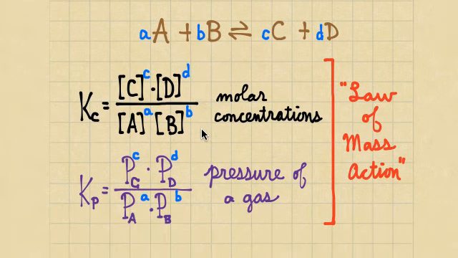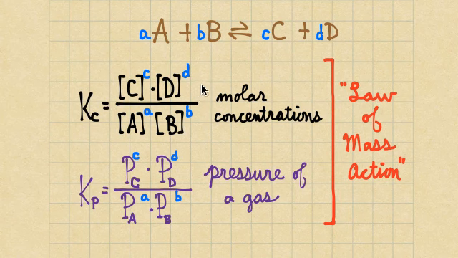It's called the law of mass action, or the rules for writing an equilibrium constant expression. And you're expected to know that you always put the products on the top and the reactants on the bottom. And contrary to what we told you in the kinetics chapter, where you absolutely positively cannot place a stoichiometric coefficient as a power on that concentration unless it's an elementary step, in this chapter we're telling you that you should do it.